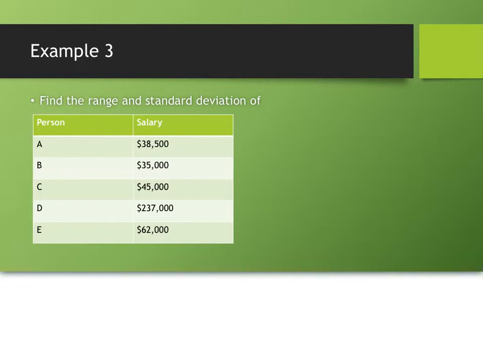If you take the smallest number, 35,000, and the biggest number is 237,000, unless I've overlooked something, the range on this one is $202,000.